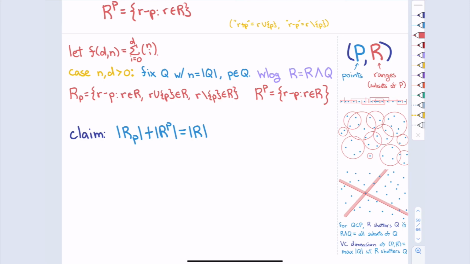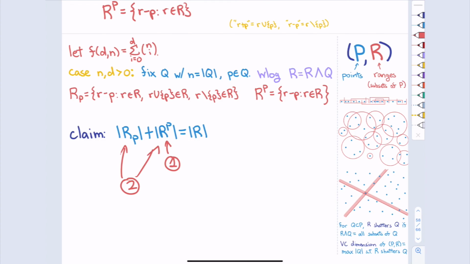Let me just make sure we go quickly and cheat a little bit. If you have a range R that doesn't have P, and R plus P is not a range, then it's going to be in this bottom set. That's class 1. If you have a range that doesn't have P, but if I added P you also get a range, then that appears in both.